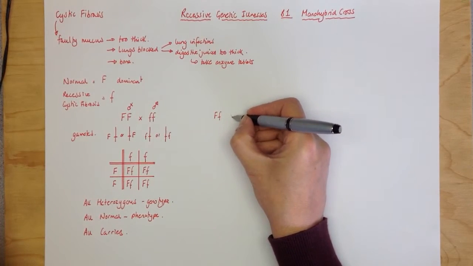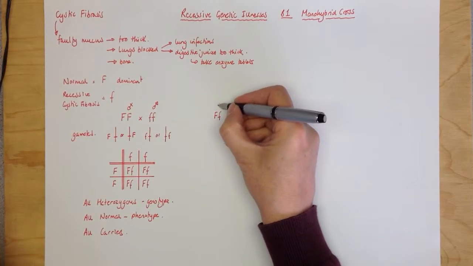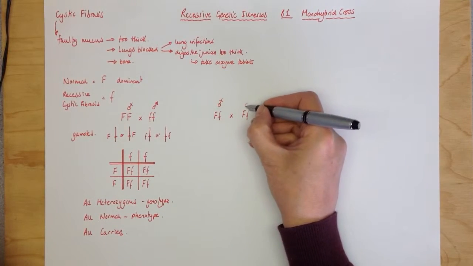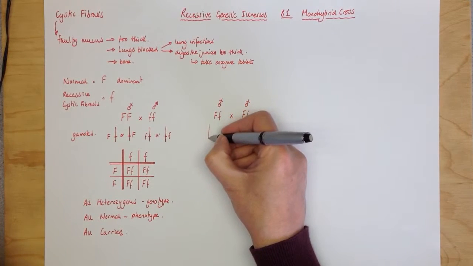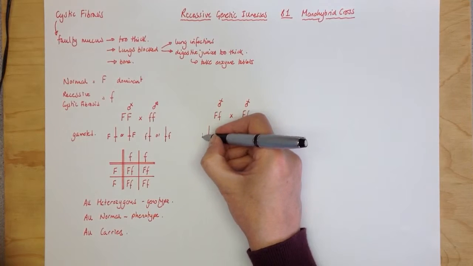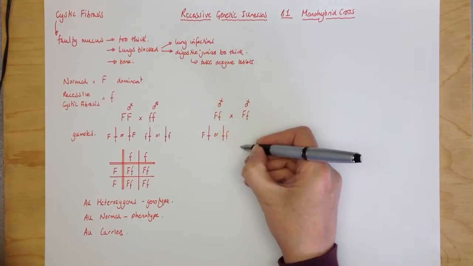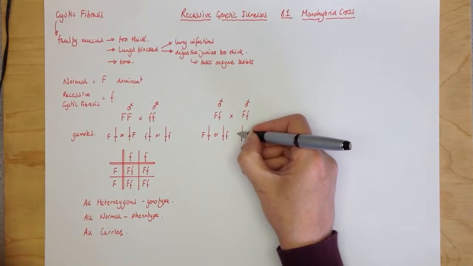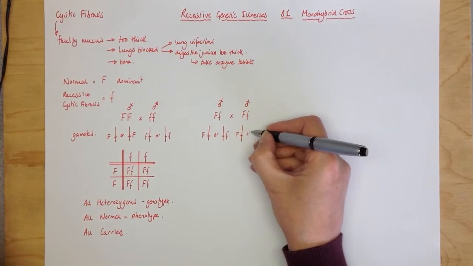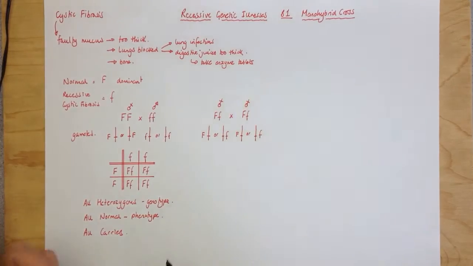Okay? You could have two carriers meet. So, in this case, half the mum's eggs would be normal and half the mum's eggs would carry the recessive gene. And in this case, half the dad's sperm would be normal and half the dad's sperm would carry the recessive gene.